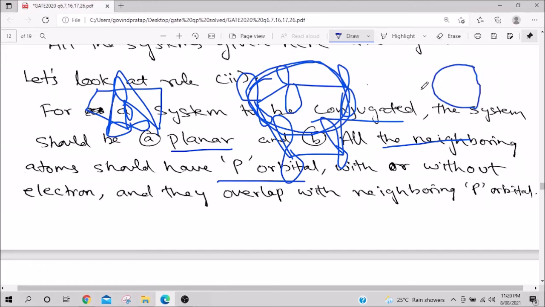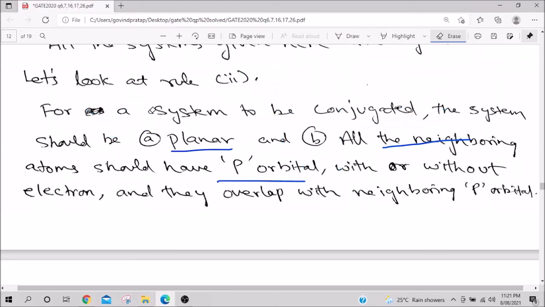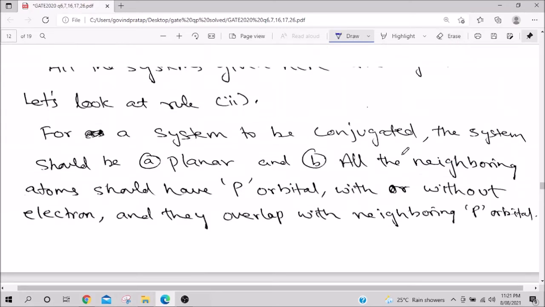Suddenly something should not come out of the board, and nothing can go inside the screen. All of the atoms should be on the screen, then only is conjugation possible. So many times, if the system is becoming unstable, then it will lose its planarity, so that conjugation is lost. We will talk about it. Okay. So let us see if these molecules are conjugated or not.